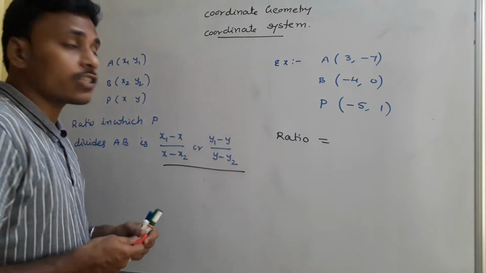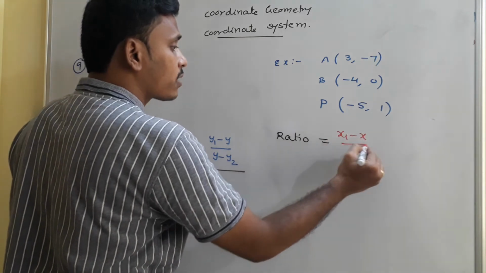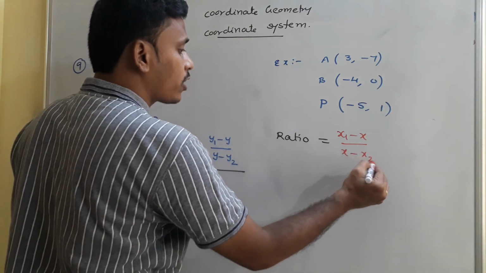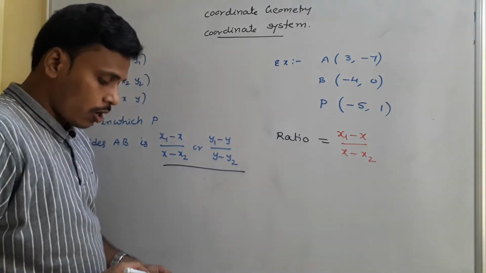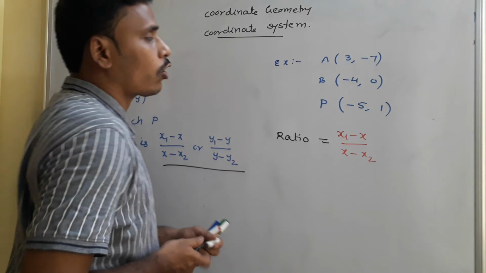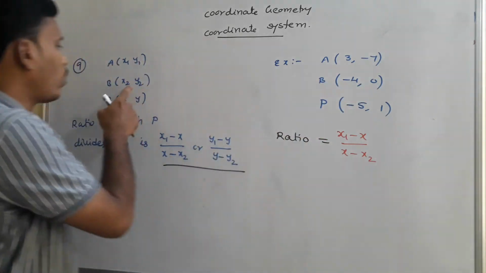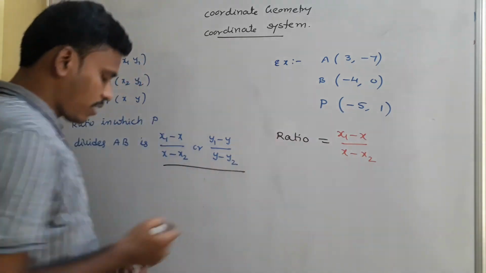First of all, I will discuss with x coordinates. The rule is x1 minus x divided by x minus x2. This A is simply x1 y1 as I mentioned here, B is x2 y2, and this P is x comma y.